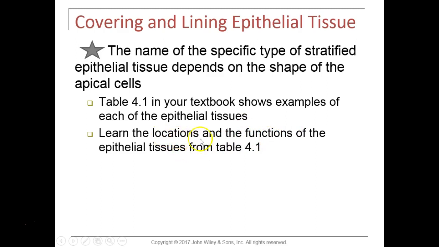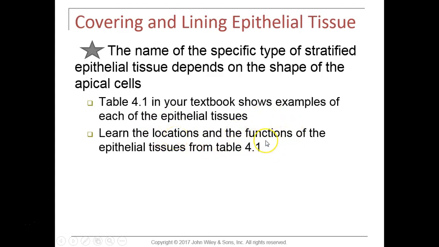There's going to be several questions on which tissue type is located where, which of the following tissues has a particular function on the test. So learn their locations, learn their functions, so you can answer which of the following tissues is located in lining the urinary bladder or whatnot.